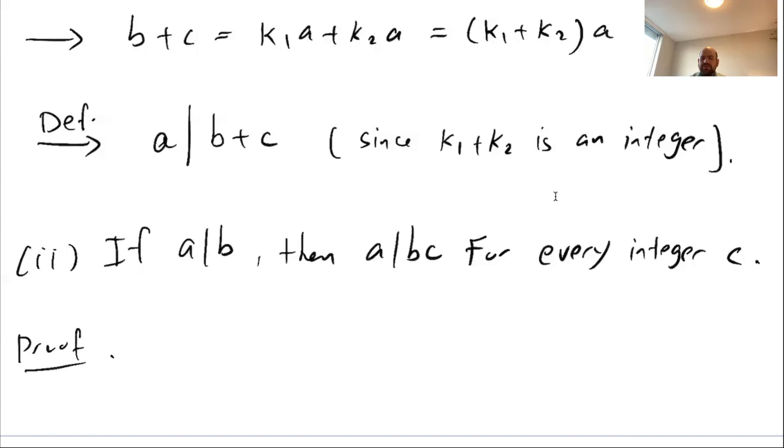The most important thing is the definition. I repeat over and over because it's very, very important.